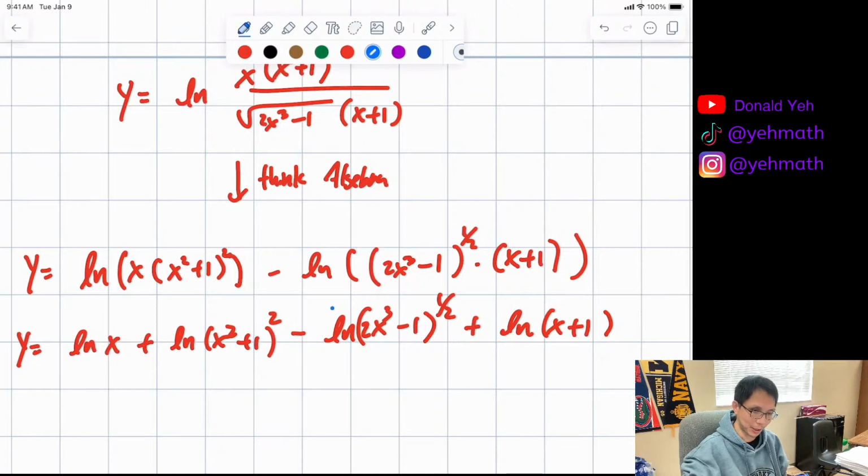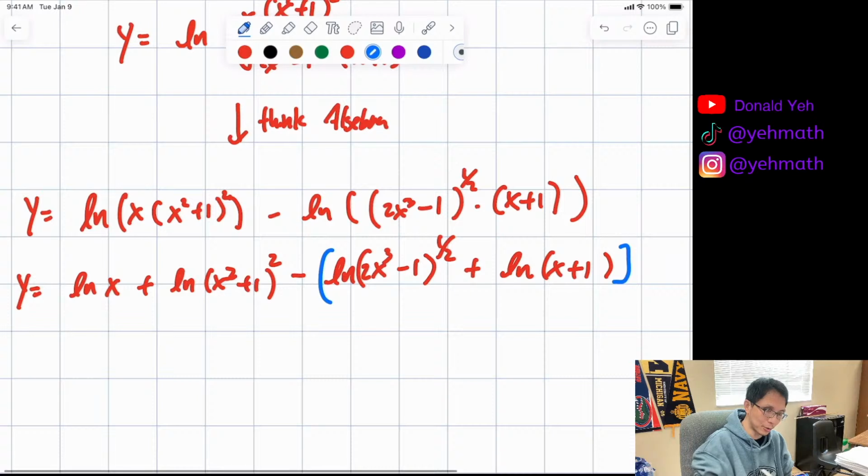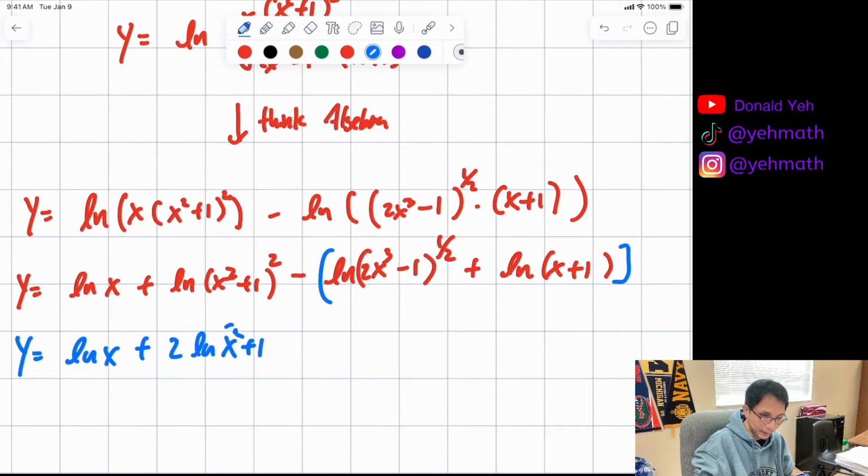So there was actually a parenthesis. Does that make sense? Because it's divided by 2 things: divided by 2x cubed minus 1 to the half power and divided by x plus 1. So the negative sign is going to distribute. I haven't done any calculus yet. As crazy as that sounds, I haven't done any calculus yet. I just did this.